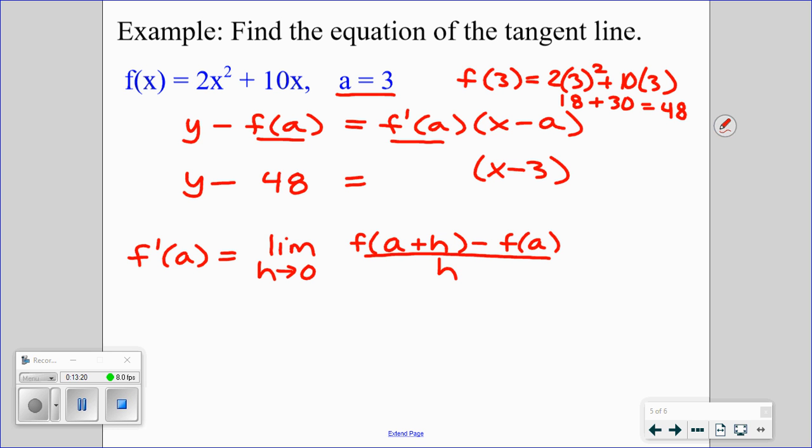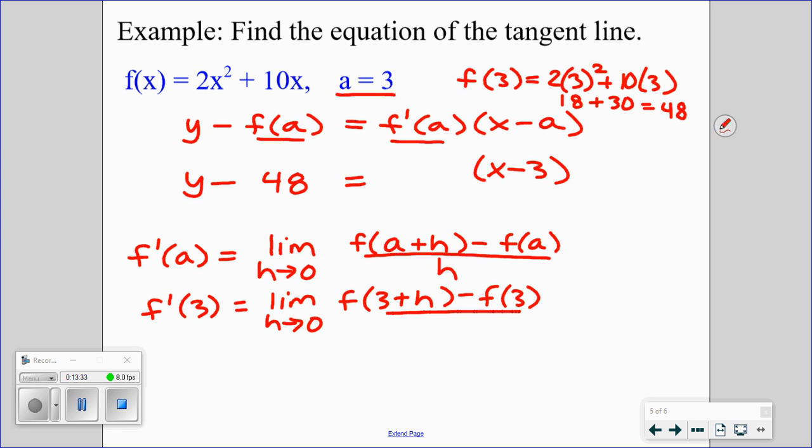And then the first thing we'll do is replace a with 3. And then we're going to have to find f of 3 plus h. I'm going to mark that in a different color.